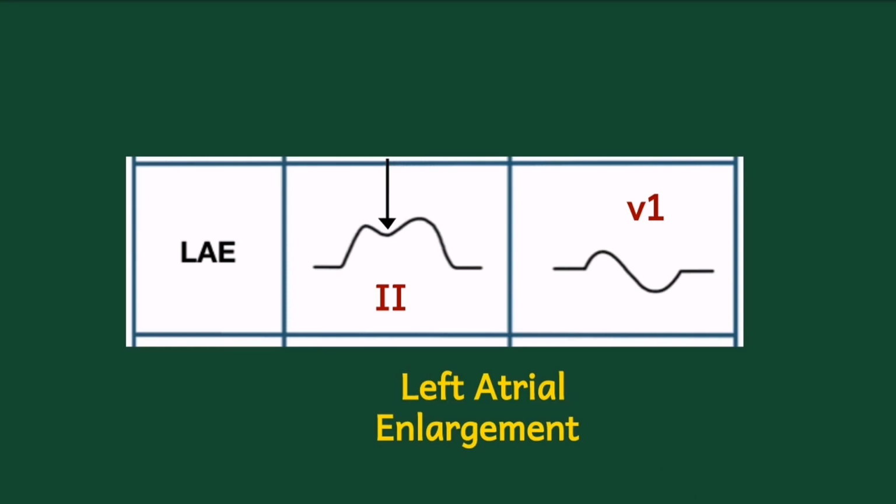And then you go to V1. You see that here in V1, the negative component should be more than 1 millimeter deep, or one small box deep, and the width is more than 1 millimeter wide, or more than 40 milliseconds. So that is how to identify left atrial enlargement.